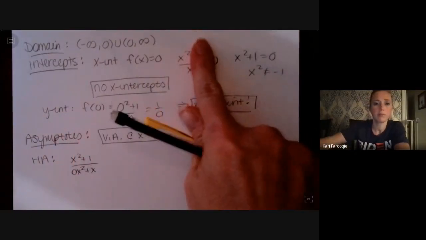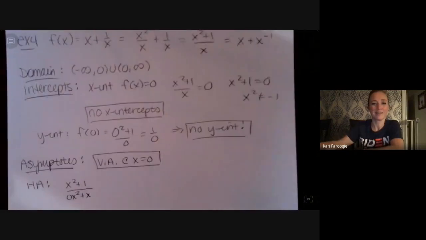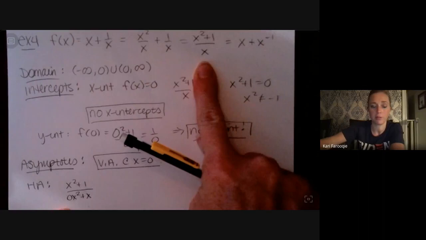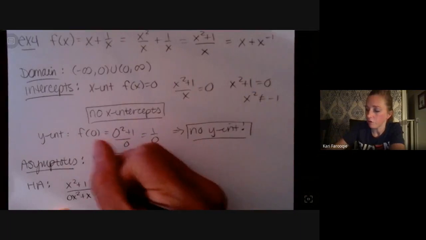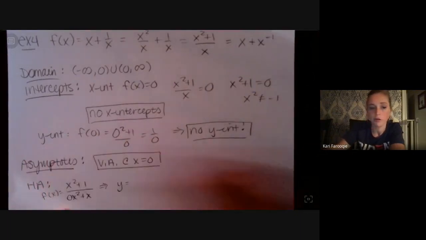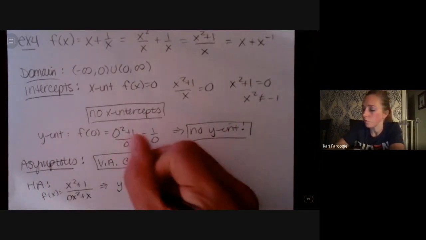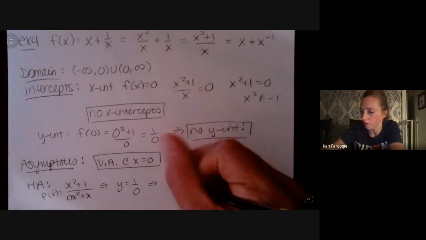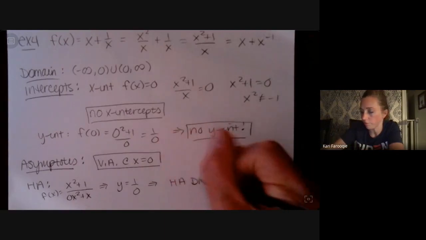Okay, so it's gone now. Using this form, just equating these two and making a 0x squared in the denominator just to get those to be the same degree. And then the ratio of the lead coefficients, sorry, that was driving me crazy, is y equals 1 over 0, which would mean that your horizontal asymptote does not exist.